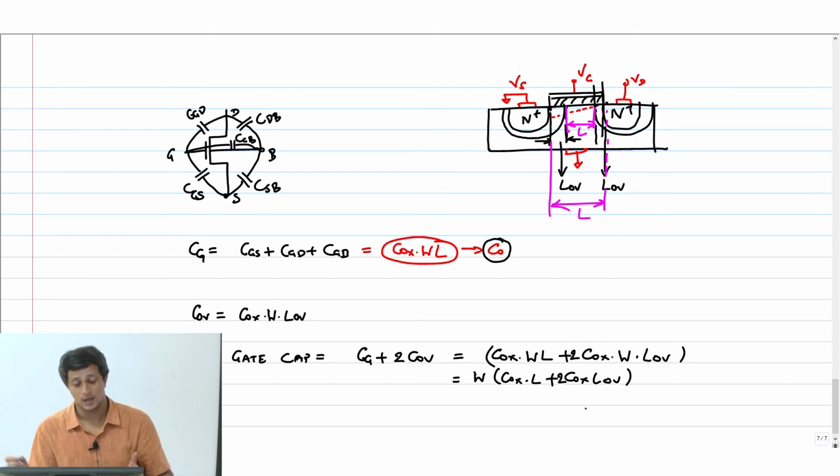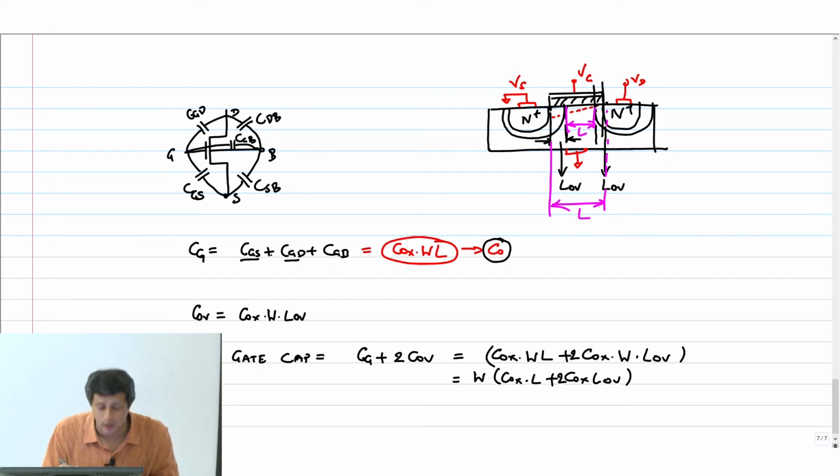Be very careful here. These two are not because of overlap.